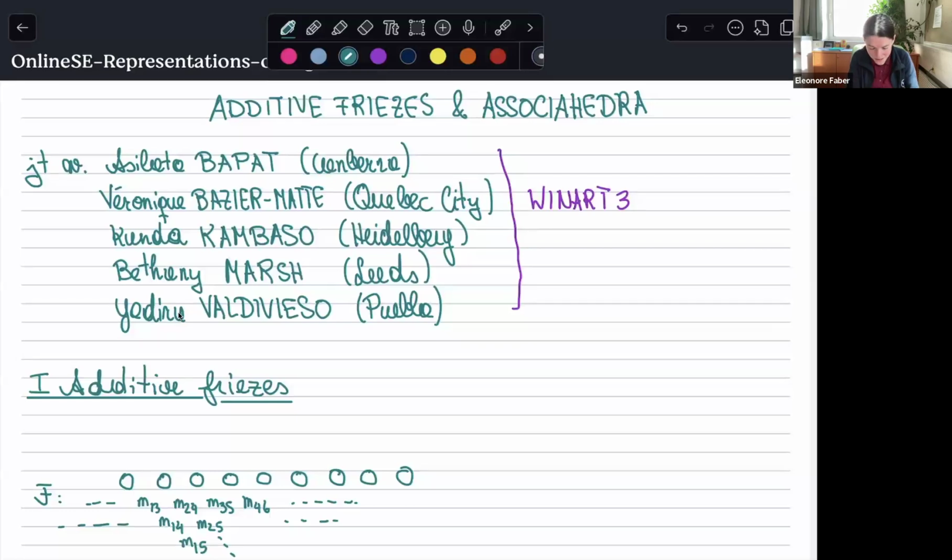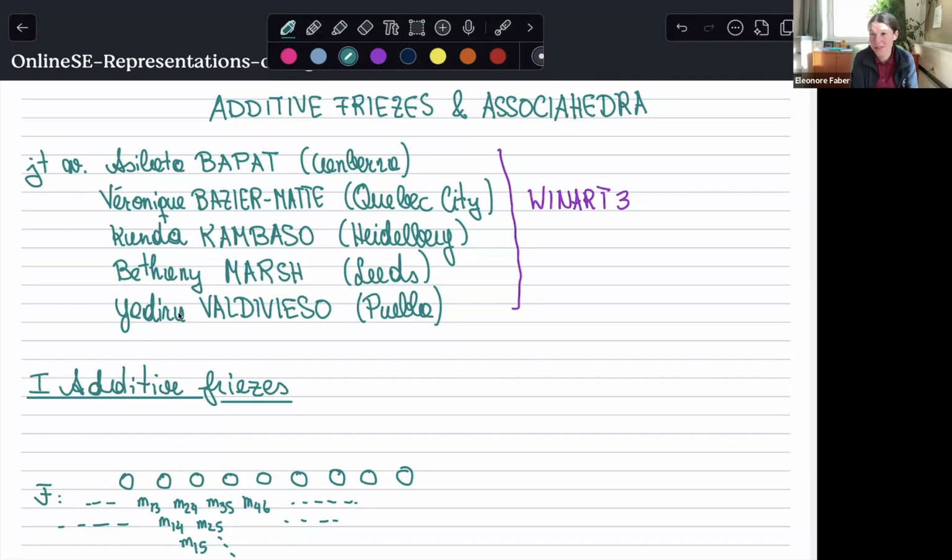And as you can also see from all these people and where they are, it's kind of an optimization problem, like where can we find a time and even where can we meet? But we have managed so far, and we have some very nice results. But yes, as I say, it's still in progress.